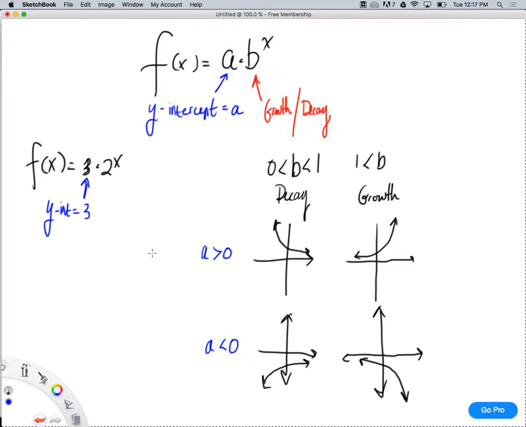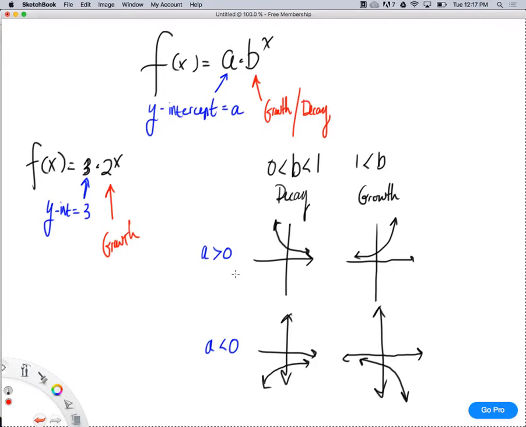Don't look at these pictures necessarily right now. I'm just telling you what decay and growth look like. And then the next thing you can know is from the 2. Is that greater than 1? So it's exponential growth. So a is positive, so it's going to look like this.